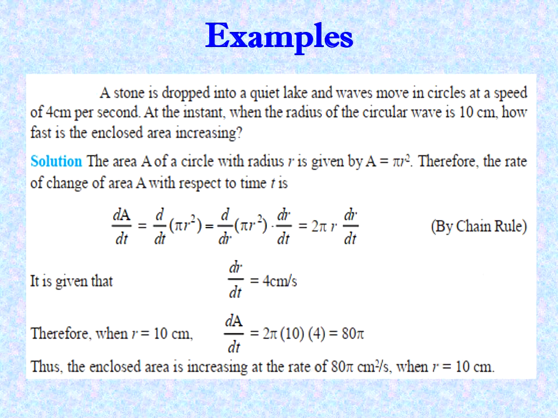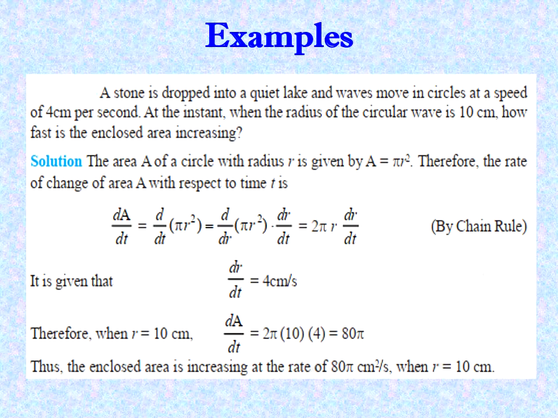Let the area A of a circle with radius r be given by A equal to pi r squared. Therefore, the rate of change of A with respect to time t, we can write dA/dt is equal to d/dt of pi r squared. That is the change of area with respect to the time t. So now we can write d/dr of pi r squared into dr/dt.